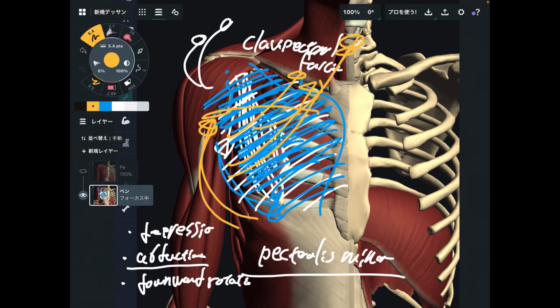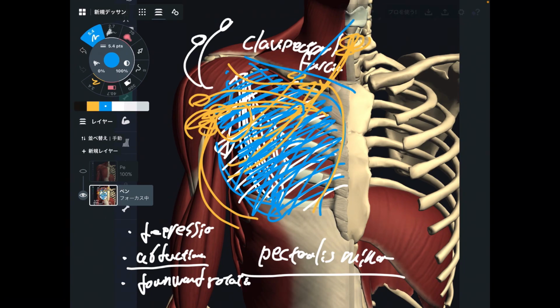If you go laterally, you can go to axilla and arm fascia. So this is important terminal for anterior neck connection and axilla shoulder connection. I believe this clavipectoral fascia is important for ribcage movement, clavicle movement, neck movement, and shoulder movement. This is very important myofascia.